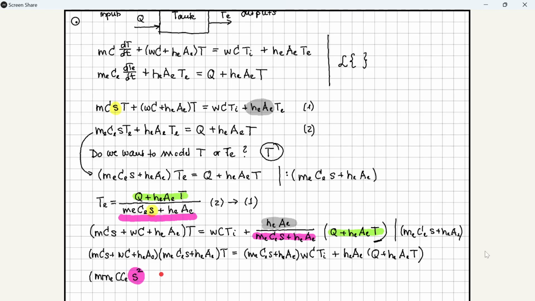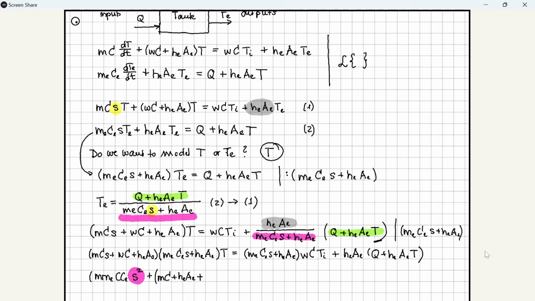Okay, so let's see how many factors of S we have. We've got an MCS here. So if we multiply this M times C with HE times AE, we get another part with S. So it's MC plus HEAE.